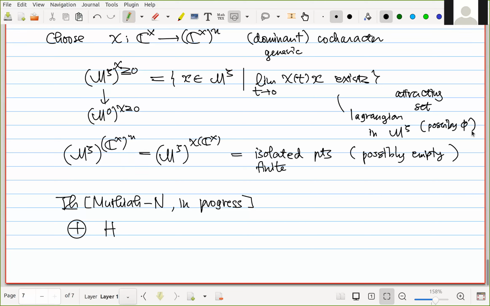That is my convention. Anyway, you consider the homology group of this attracting set and take the sum over all dimensions.